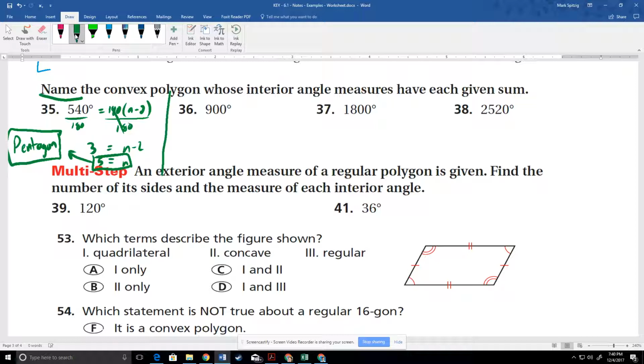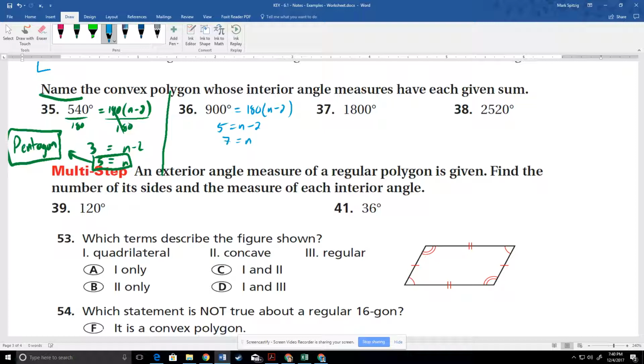Okay, and so now we kind of do the same thing. We know the interior angles sum is 180 times n minus 2. So 180 times n minus 2 is going to give me 900 because it's telling me what the sum of the interior angles is. When I divide 900 by 180, I get 5. So when I divide both sides, I get 5 equals n minus 2. So n equals 7.